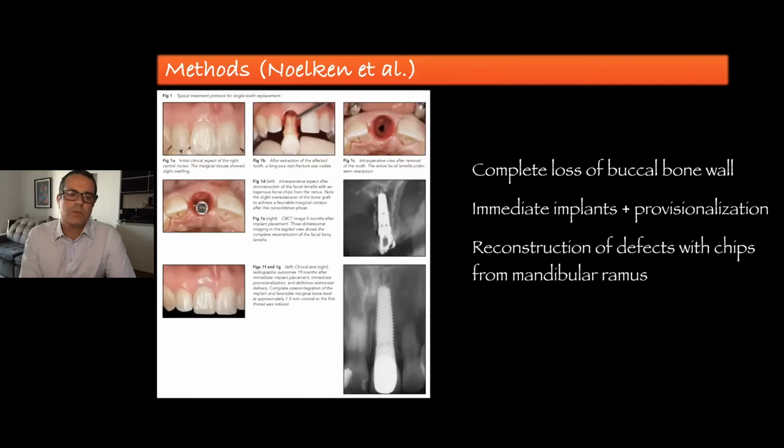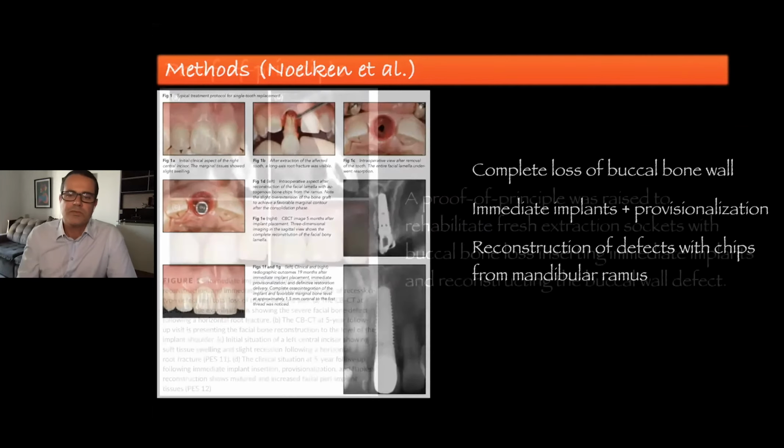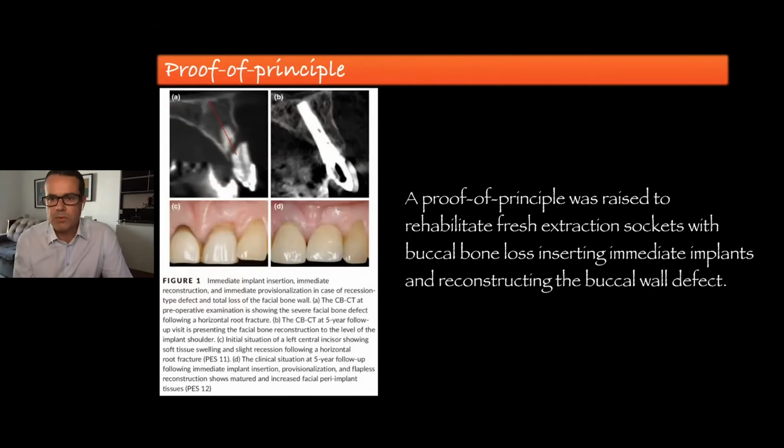They restored with immediate implants and immediate provisionalization and reconstruction of the defects with chips from mandibular ramus. It was the first time that a proof of principle was raised to rehabilitate fresh extraction sockets with buccal bone loss, inserting immediate implants and reconstructing the buccal bone defect at the facial aspect.